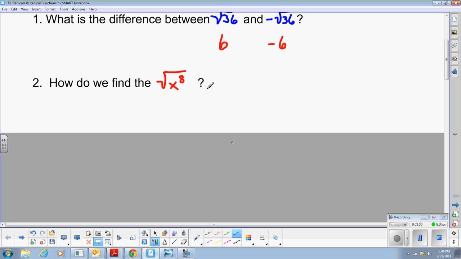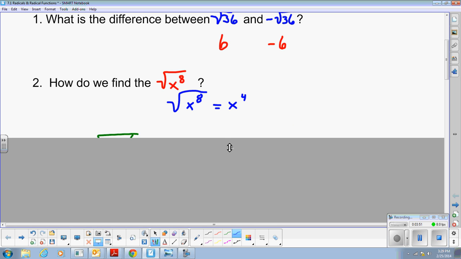So the square root of x to the 8th power equals x to the 4th, because I can do x to the 4th times x to the 4th, and I get x to the 8th. Make sure to take a moment, write that down, and take a look at it.